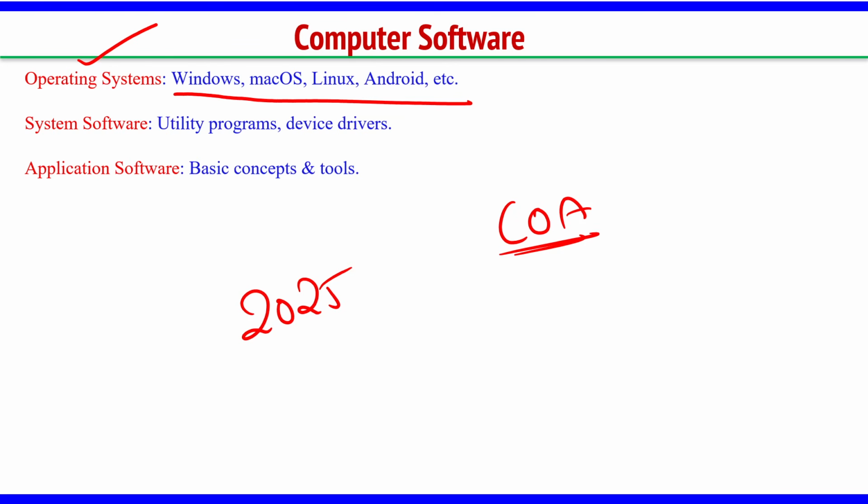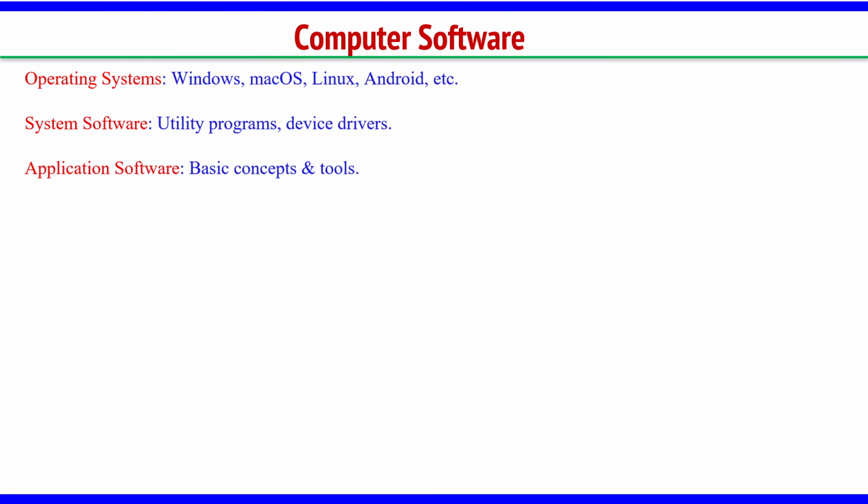In the same way, we cannot predict 2026. People who set the question paper may see the syllabus and think this is also part of it. What I understand from the syllabus is that it is operating systems and some overview of them alone. So basic things about operating systems and these four operating systems, not in-depth knowledge of them.